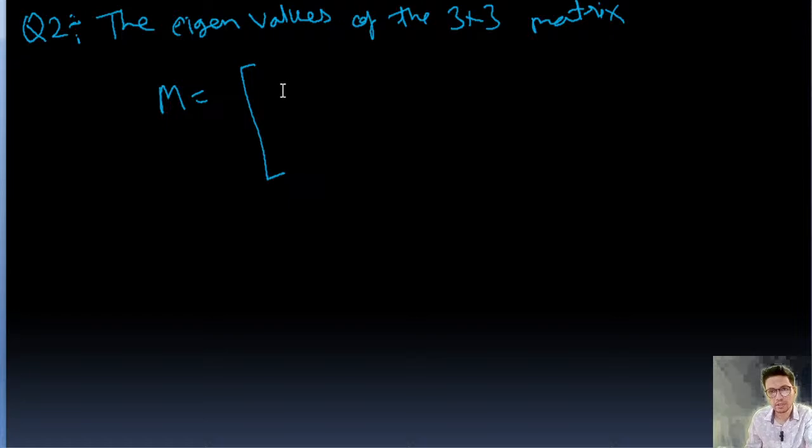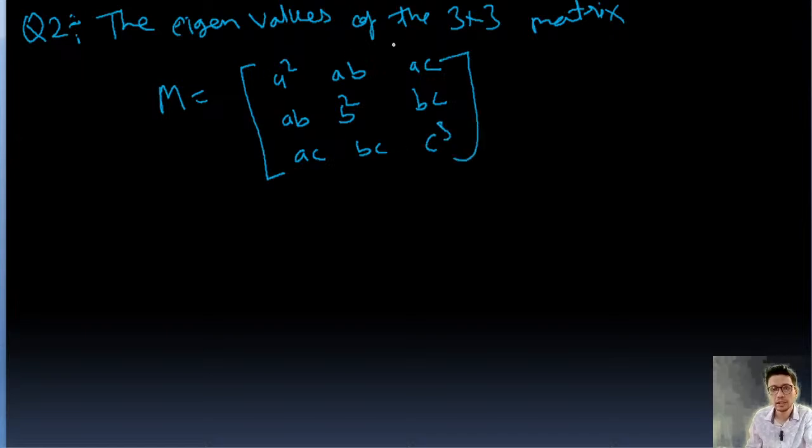Okay, so this is A square, AB and AC; AB, B square, BC; AC, BC and C cube. Okay, so this is the matrix, and the eigenvalues of this 3 cross 3 matrix M are, okay, so the eigenvalues of this matrix we have to find out, and options are given.